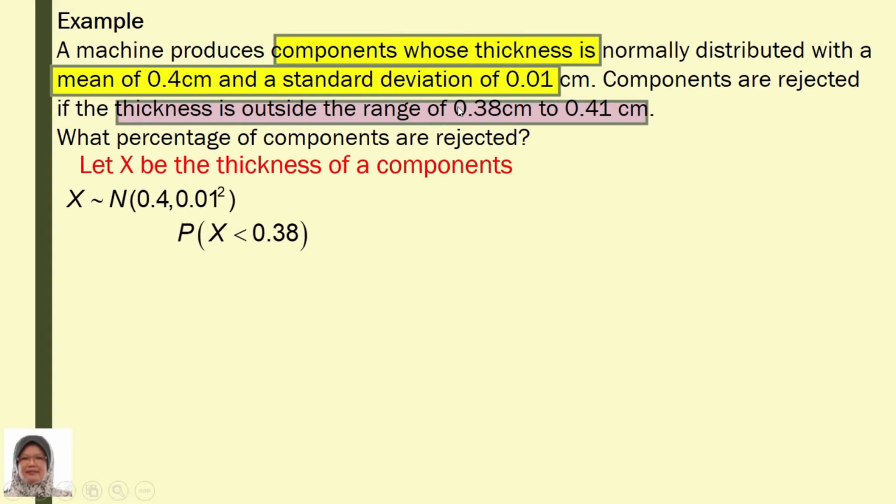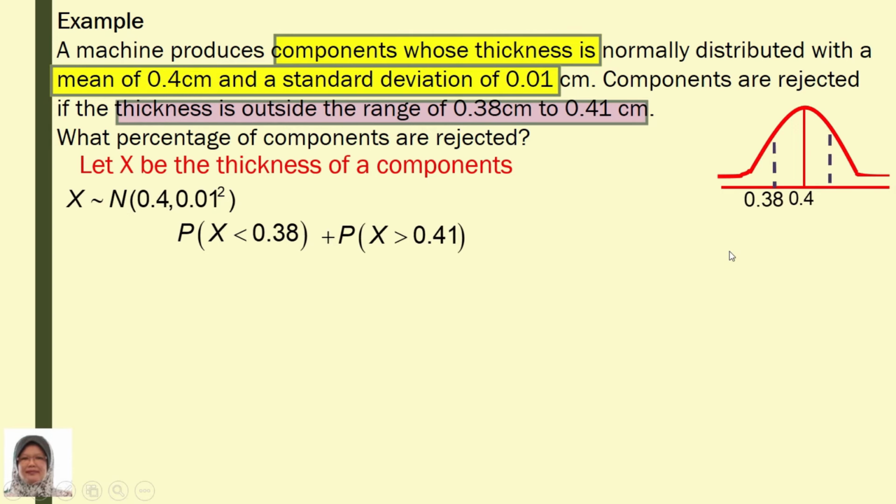We can write P(X less than 0.38) plus P(X greater than 0.41). Look at the graph. We draw the X distribution with mean 0.4 and mark 0.38 and 0.41, and sketch the area less than 0.38 and the area greater than 0.41.